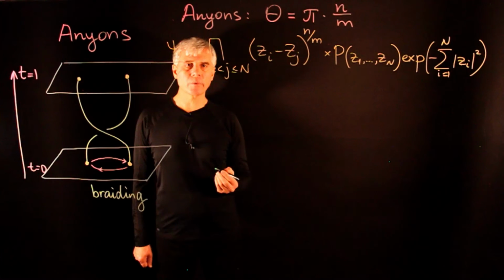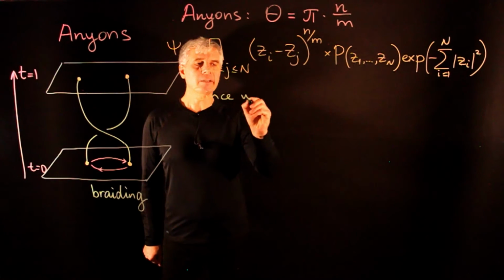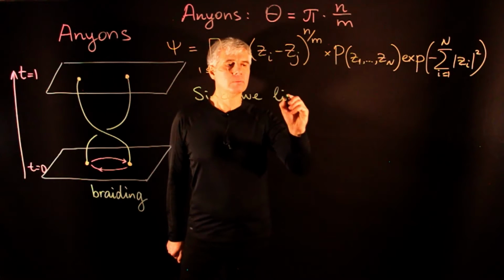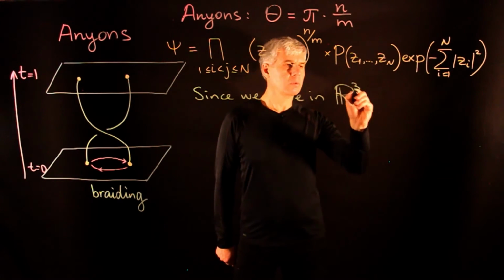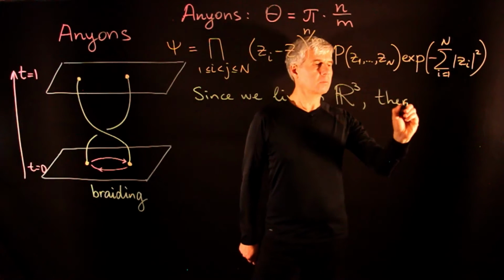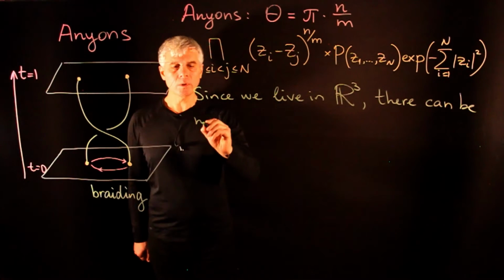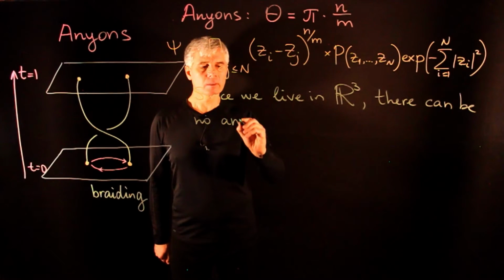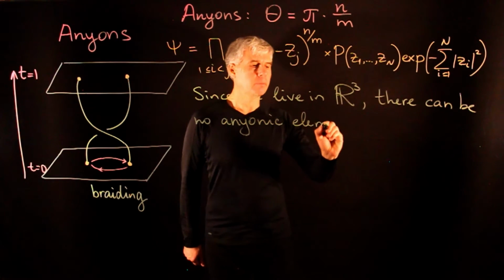Now, let us do the reality check. Since we live in R3, there can be no anionic elementary particles.